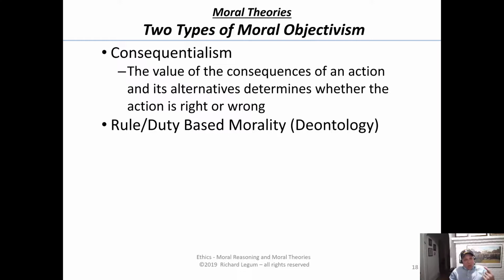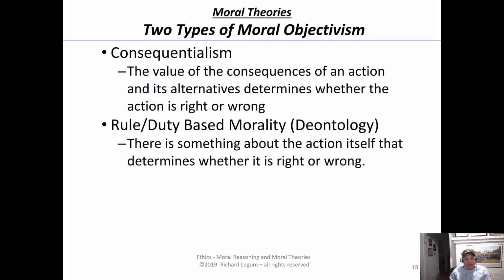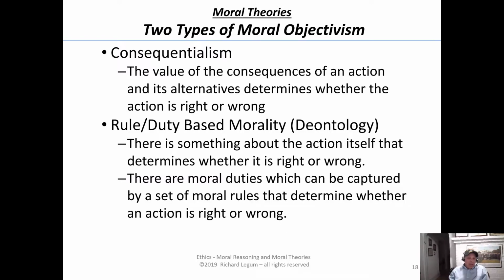According to a rule or duty-based theory, it's not the value of the consequences of the action and the alternatives of the action that makes it right or wrong, but rather there's something in the nature of the action itself that determines whether it's right or wrong. In particular, there are these things in the world, moral duties, moral requirements, which can be captured by a set of moral rules that determine whether an action is right or not.